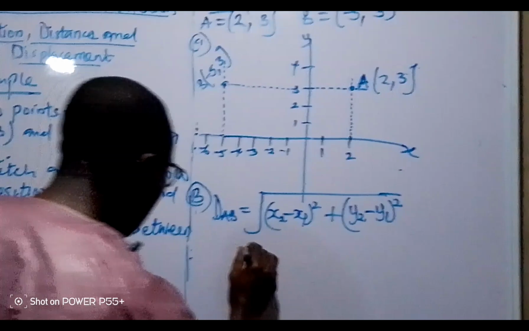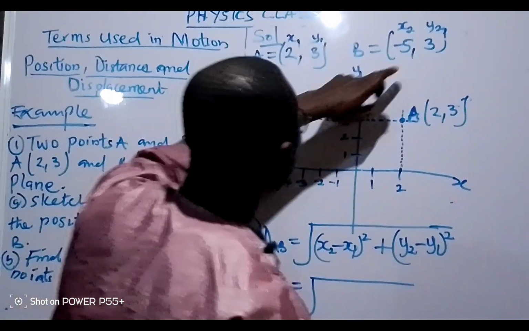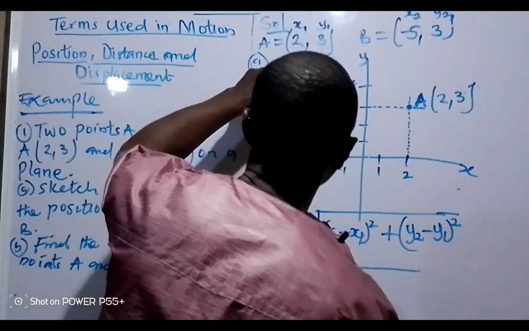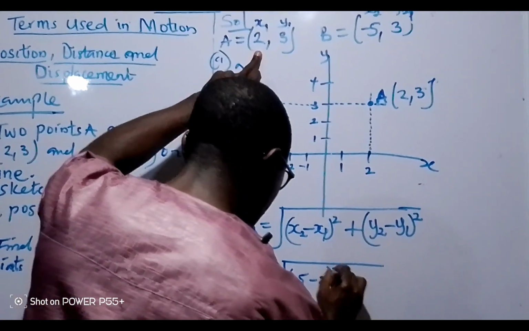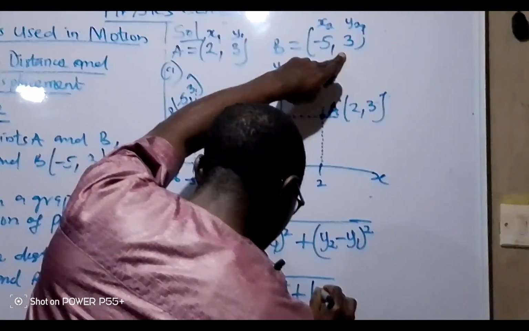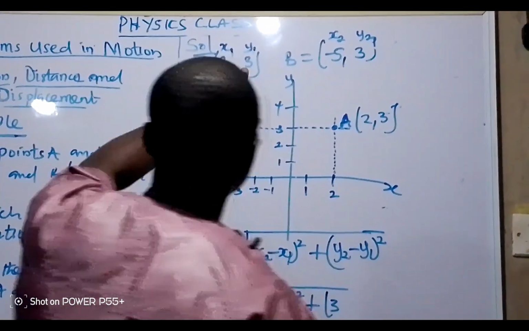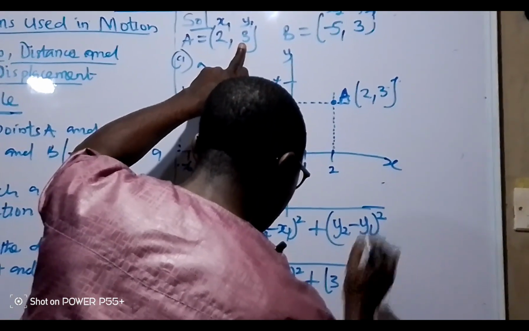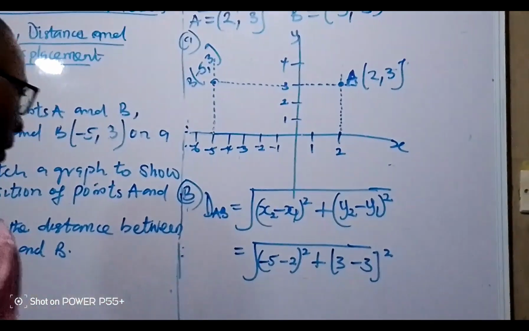Let's put in the values. Our x2 is minus 5, our x1 is 2, so minus 2, squared, plus our y2 is 3, our y1 is 3, that is minus 3, all squared.